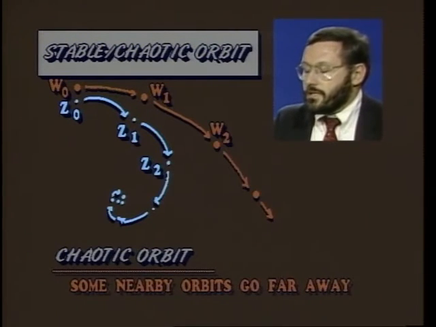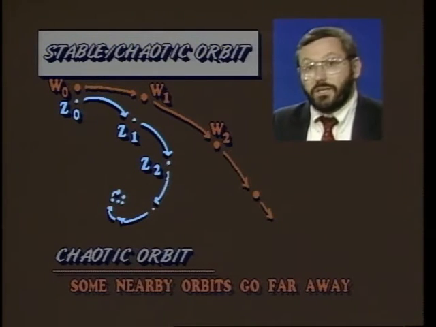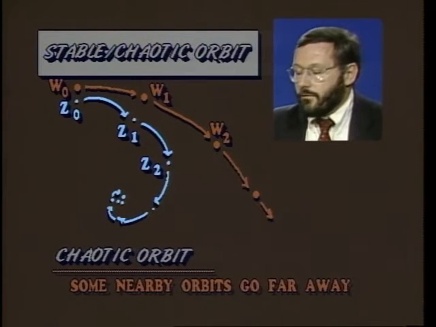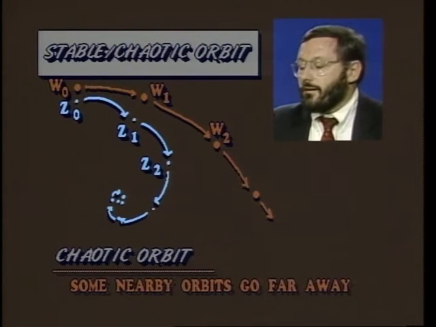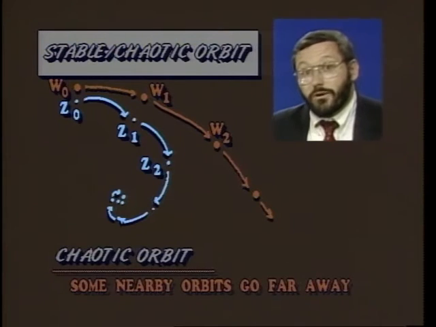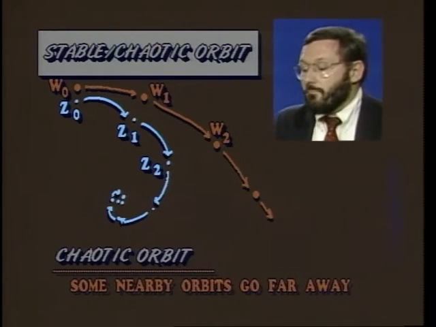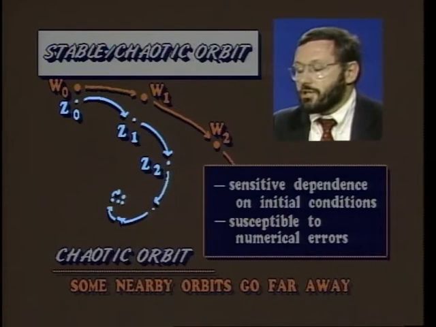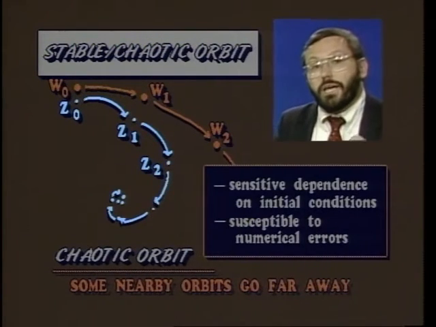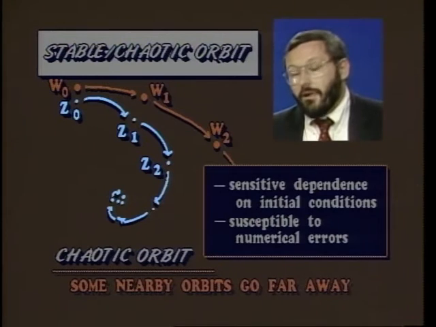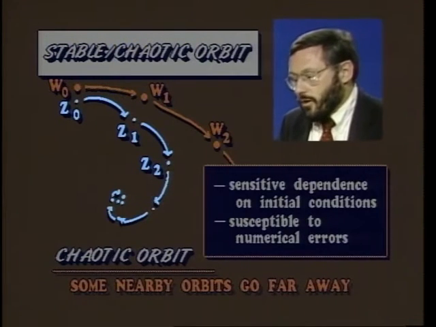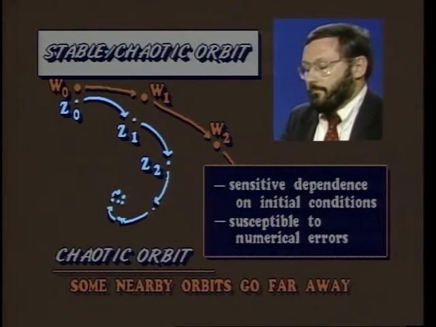Notice that the orbit of z simply converges down to some fixed point in the plane, whereas arbitrarily close by, the orbit of W goes far out to right field. So this is an example of an unpredictable orbit. Make a small error in your initial condition, and the resulting orbit behaves vastly differently. This is the hallmark of chaos. This is the hallmark of unpredictability.